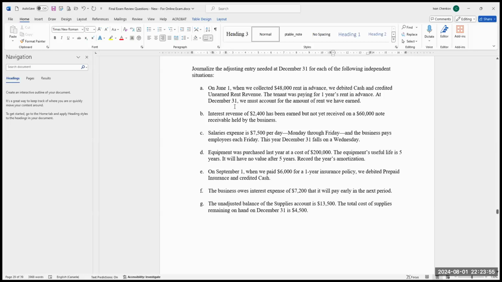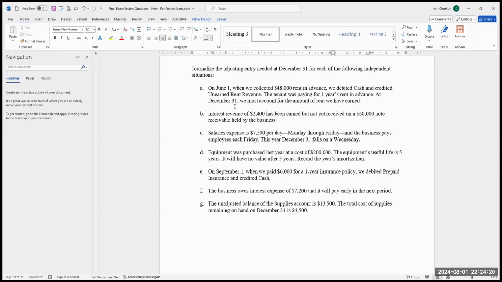Don't forget, in chapter 3 we talked about those adjusting entries. One of the adjusting entries is related to the cash that you pay or receive, but you defer the event. If you pay the cash, that will be prepaid expenses. If you receive the cash, that will be unearned revenue.